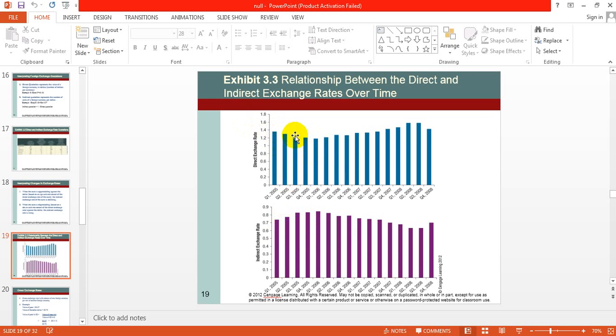This line is coming down, then it goes up, comes down, goes up, comes down, again goes up a bit, comes down. So similarly, if the direct exchange rate is appreciating, the indirect exchange rate will depreciate.